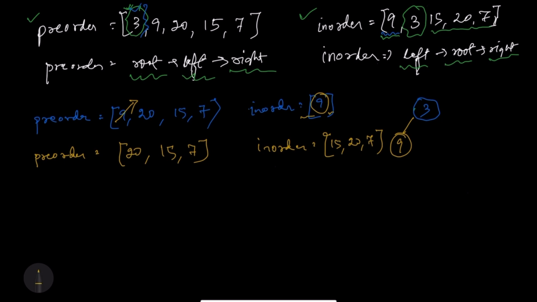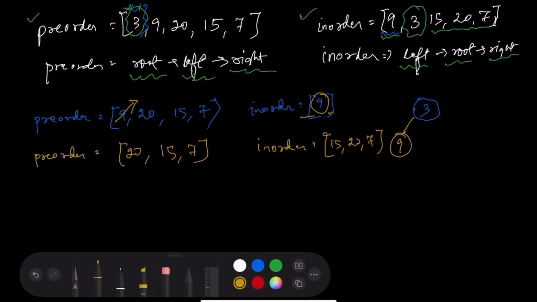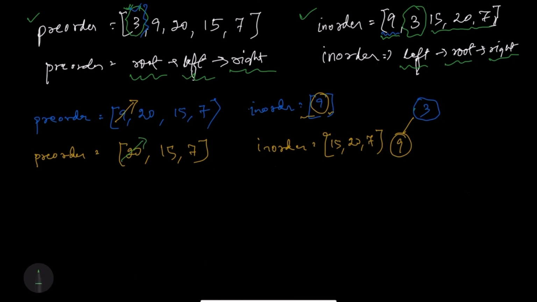So from here we can see that the first element of our preorder will be the root. So we have got our root of the right subtree. Now in inorder, if we see, here is 20. So anything to the left would be the left subtree, anything to the right would be the right subtree.